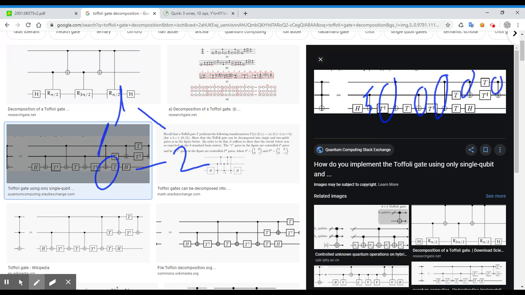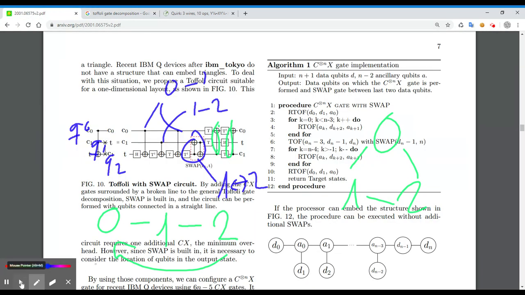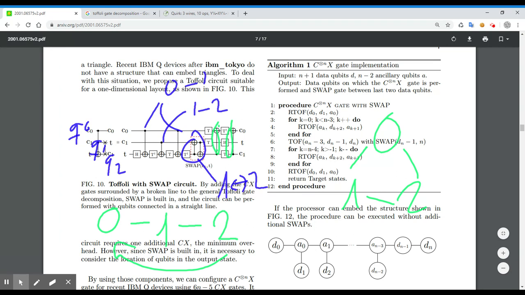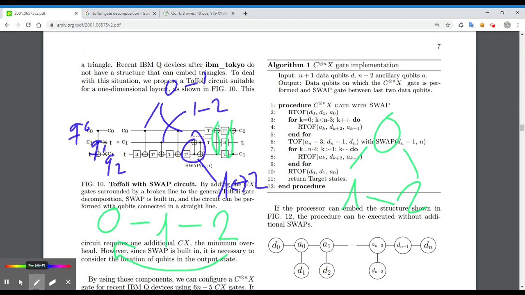Okay, so I get it. So the way to break that is if you add this swap in here, it's effectively as if you would be swapping the wires. So this means that these two controls belong now to Q1, to the qubit 1.